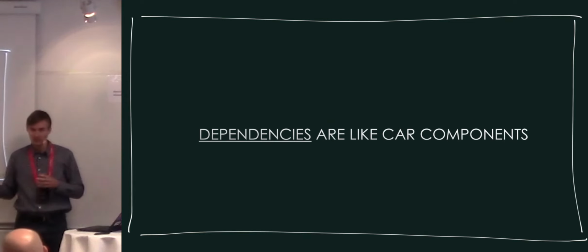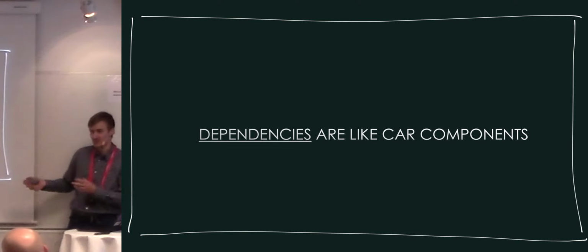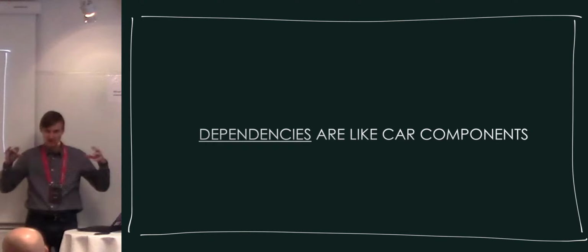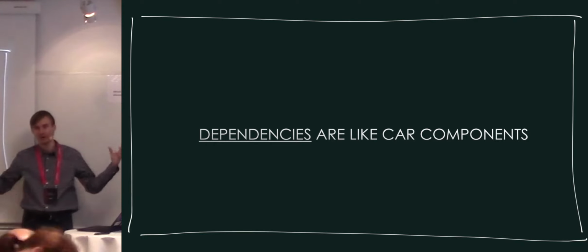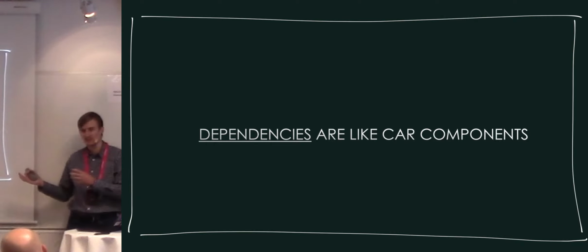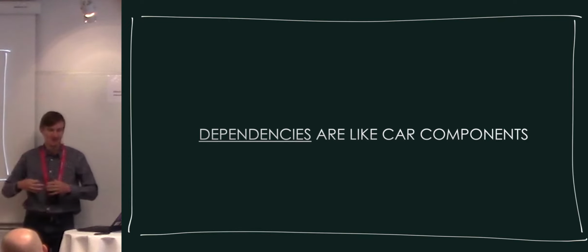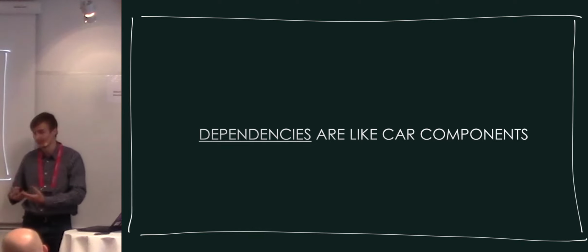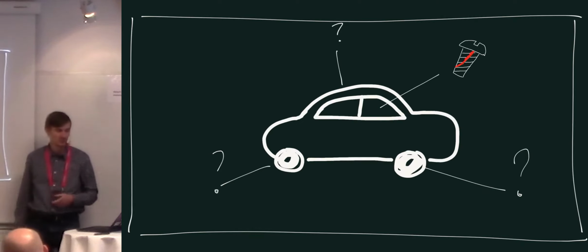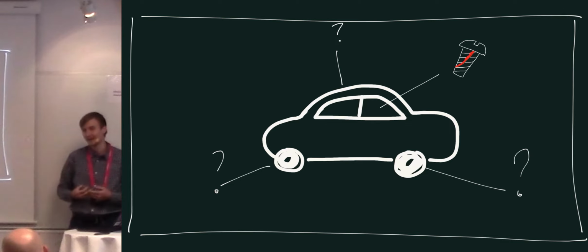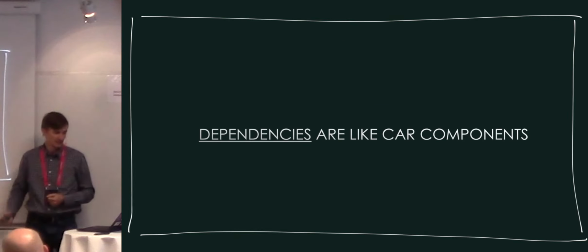So my point to start with is that dependencies of software are like car components. They make this whole thing, the big car, function. If something is wrong with the dependency, it doesn't mean the car stops working, but it brings some threat, it brings danger to driving it. So would you drive a car if you knew that it has some malfunctioning, badly designed screw in it? Maybe you wouldn't be so willing to do that.